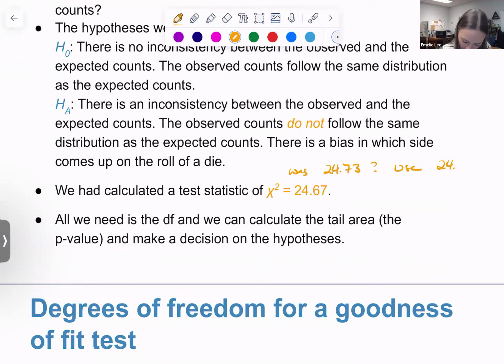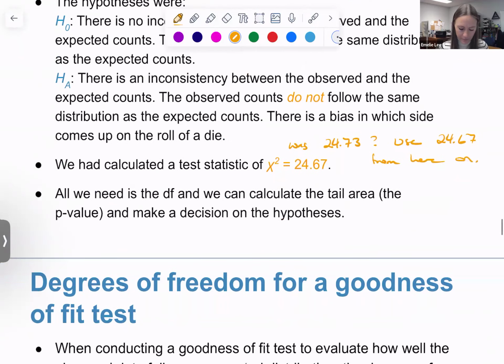Use 24.67 from here on, just because otherwise I'd have to correct all the slides everywhere, and that would be difficult.